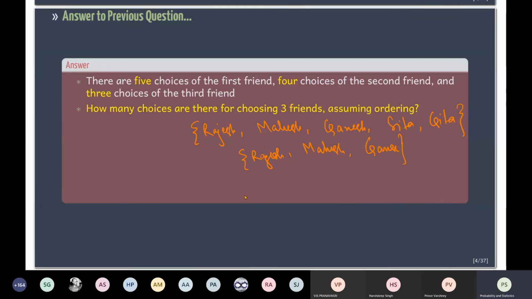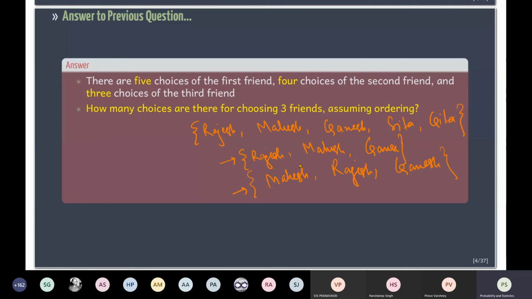This is different than choosing Mahesh, Rajesh, and Ganesh. The way you are picking, you distinguish between them. Although the friends you chose are the same set, first you chose Rajesh, Mahesh, Ganesh; the second possibility is first you chose Mahesh, then Rajesh, then Ganesh.